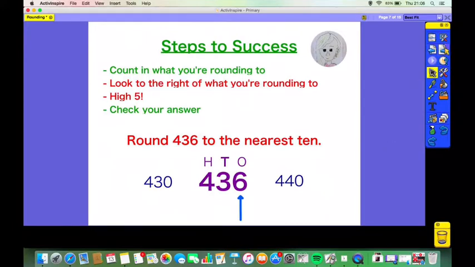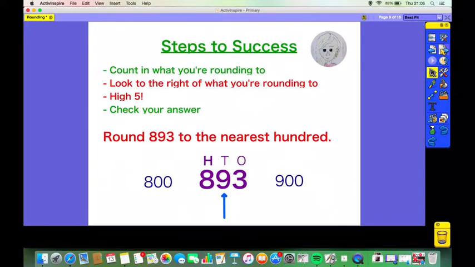Of course, if that was different, and let's say it was 434, that's now below 5, and so that one would round down to 430. So those are those two steps together: look to the right of what you're rounding to, and then use the high 5 rule. And that works with whatever you're rounding to. So if I was trying to round to the nearest 100, I'd be thinking, right, there's my 893.